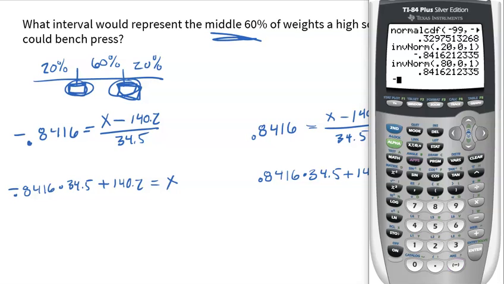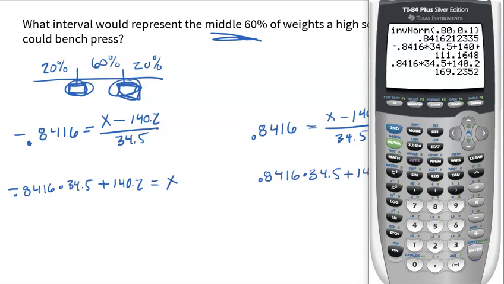Using the calculator. Negative 0.8416 times 34.5 plus 140.2. And there's the bottom of my interval. And then what you can do is hit second enter and then go back and change that negative in the very beginning. Just delete it, make it a positive. And now you'll get the top of your interval.